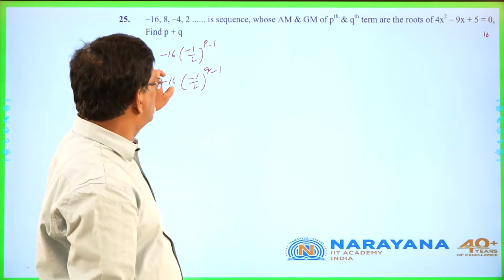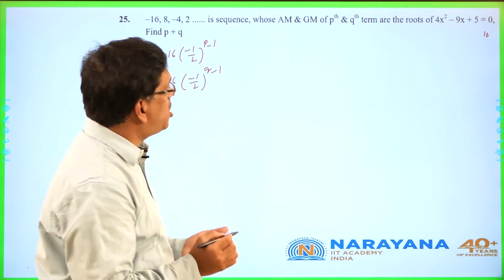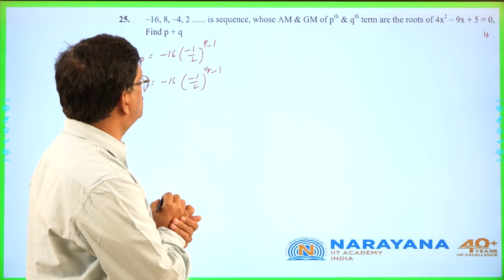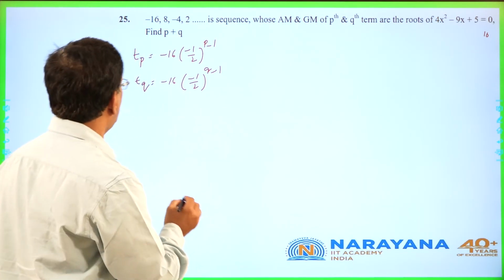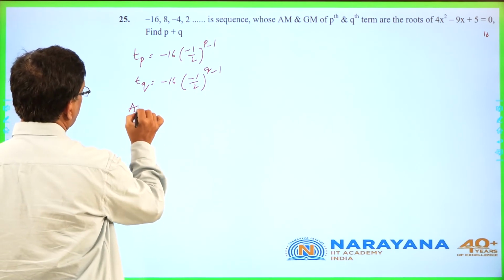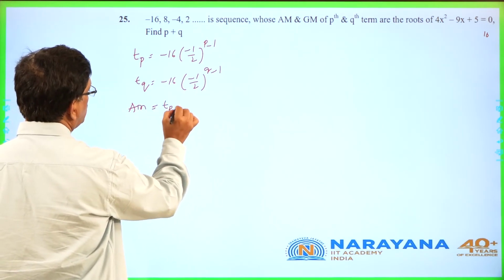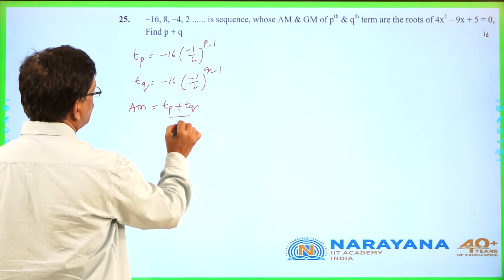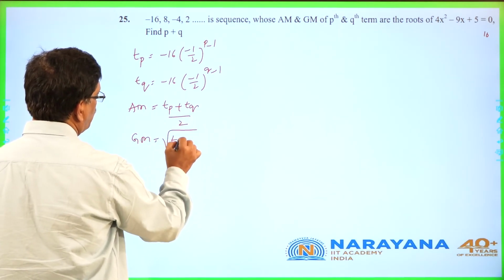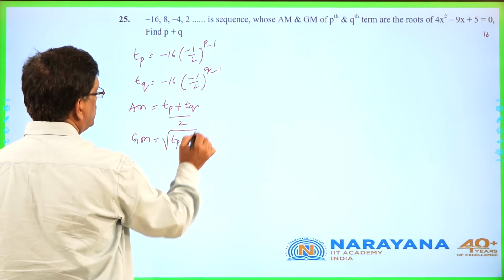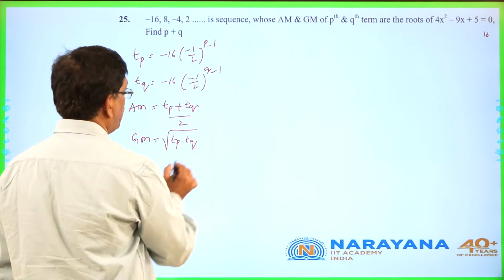These are the Pth term and Qth term of a geometric progression whose AM and GM are: AM is equal to TP plus TQ by 2, GM is root of TP into TQ. That is what he has given.